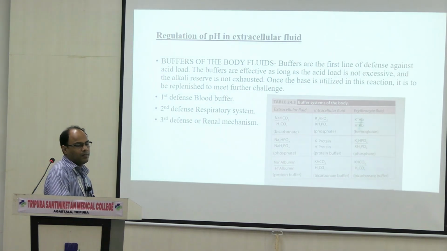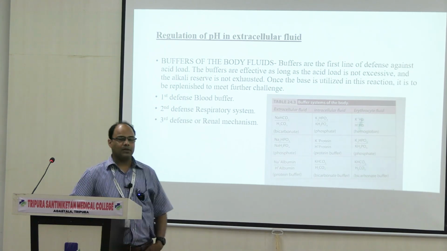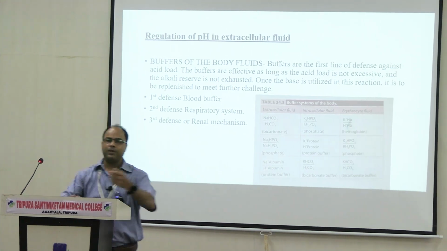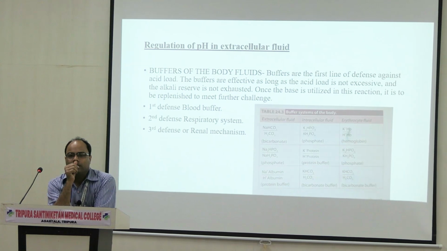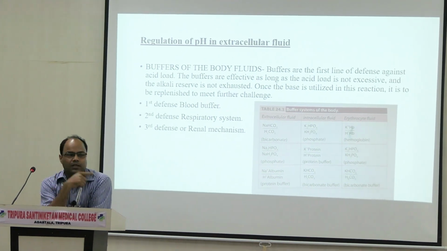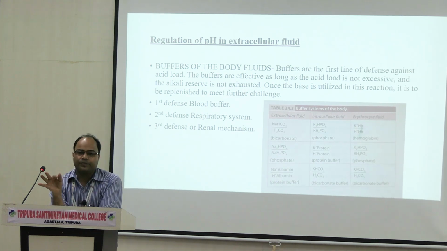What is the normal blood pH? 7. This is a range. If I suddenly ask what is the normal pH of our blood, you tell 7.4. Okay, and this is a range, 7.35 to 7.45.